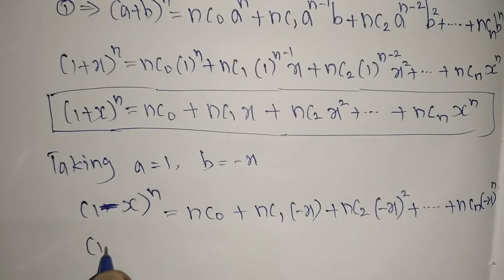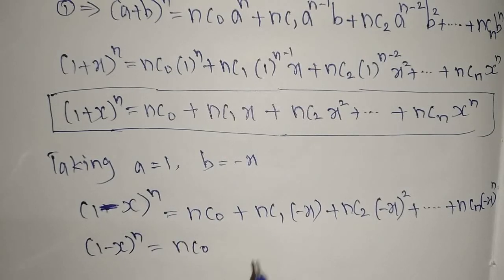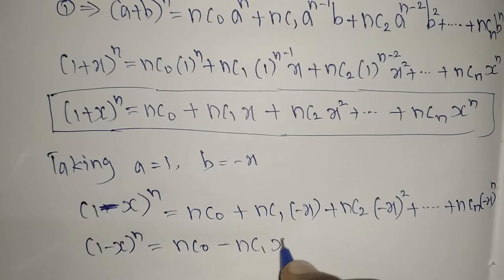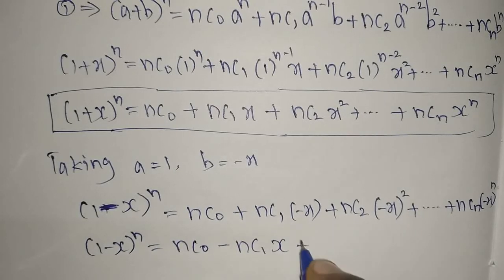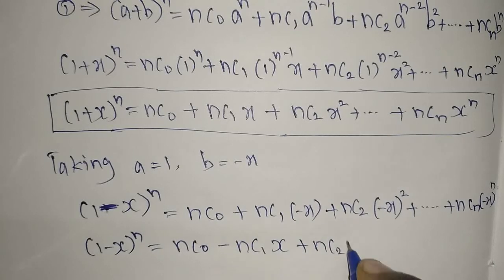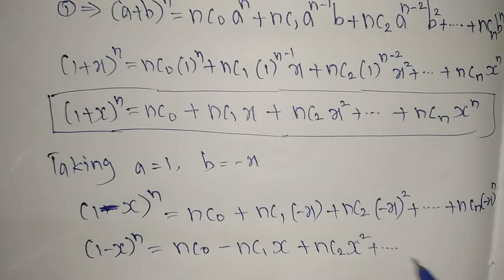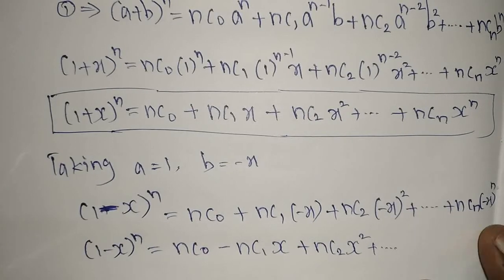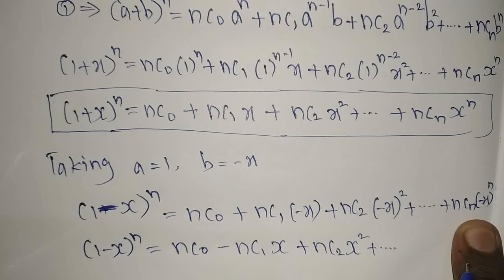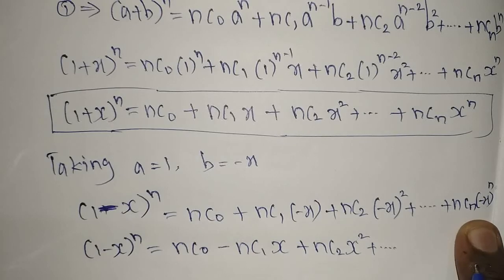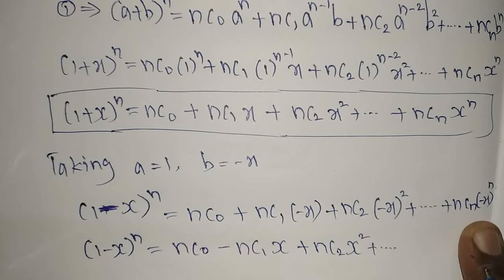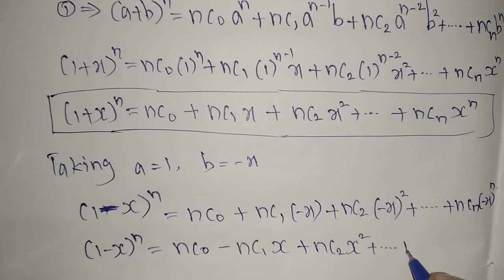See this, (1 - x) whole power n equals nC0 plus into minus, nC1 x. Okay, this is squared, then you will get positive nC2 x^2. Understand? So up to here we have power n. So n, we don't know whether it is even or odd, so I'm going to write (-1) whole power n.